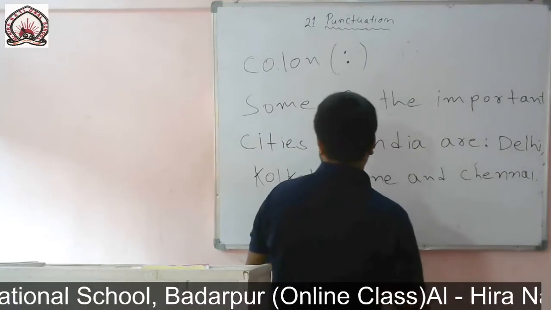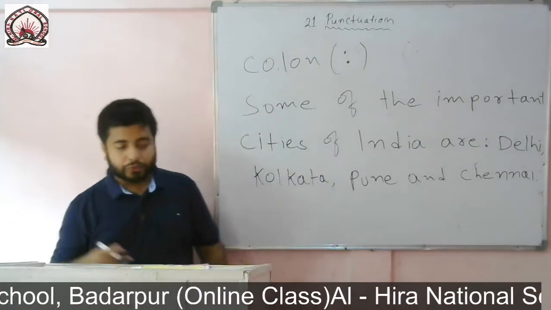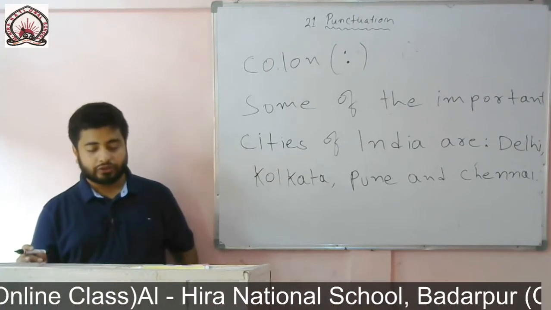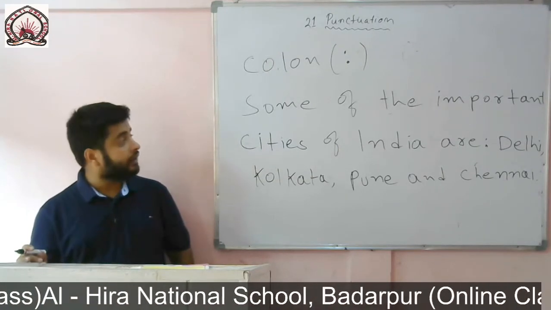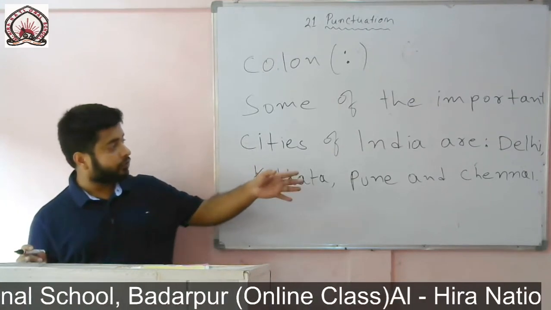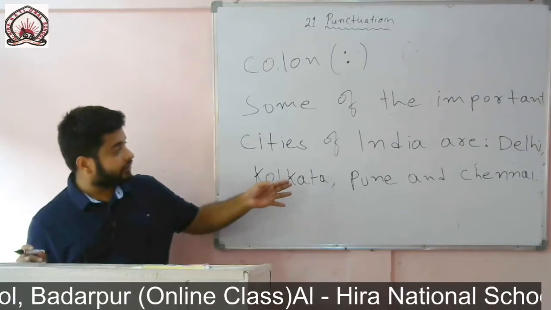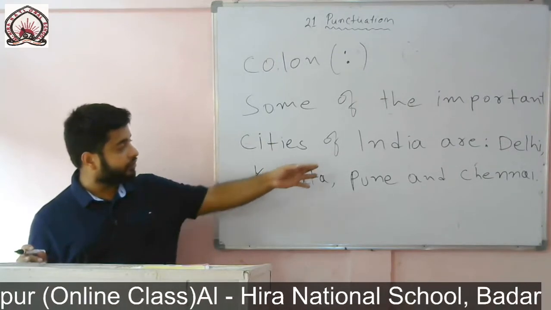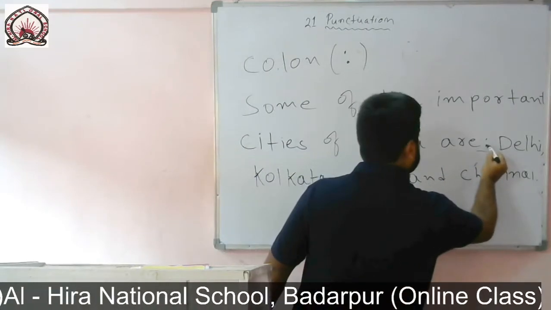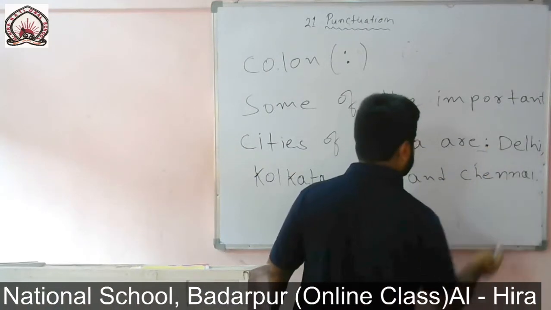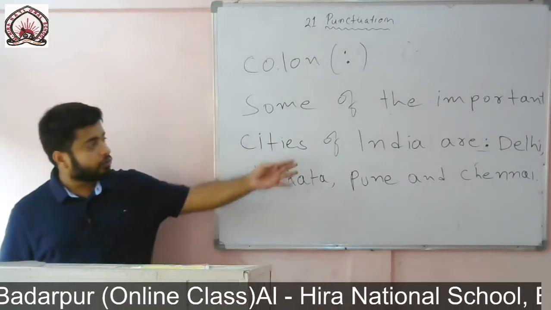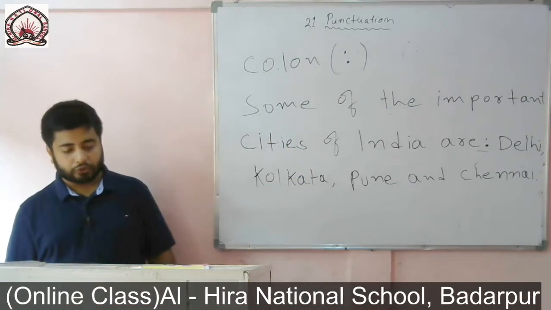As I said, we use a colon before examples and enumerations. Before Delhi, Kolkata, Pune and Chennai, I have used a colon. If I want to write a list of things, we have to use a colon.